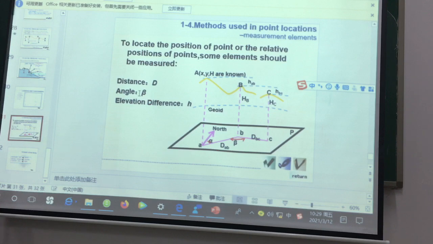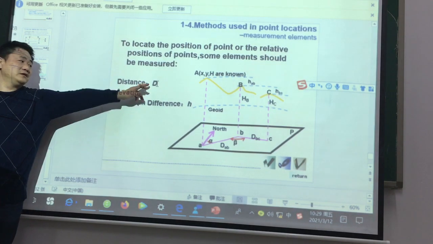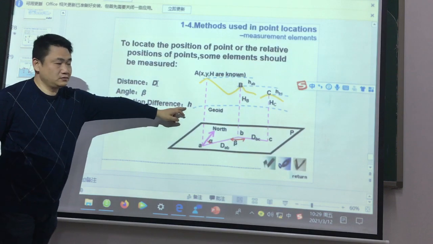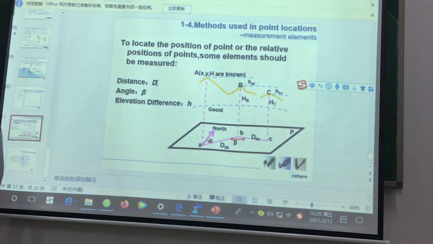These three elements you must remember: distance, angle, and elevation difference. We use D, beta, h to express the data. You cannot change that in this subject. Of course, maybe in your country and in other situations you can change, but here you cannot.